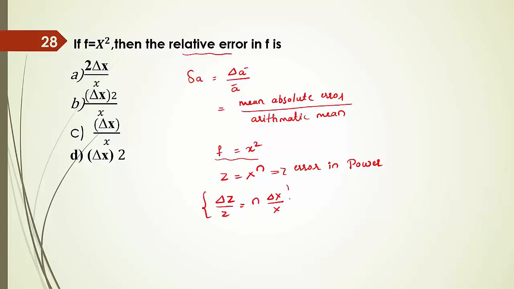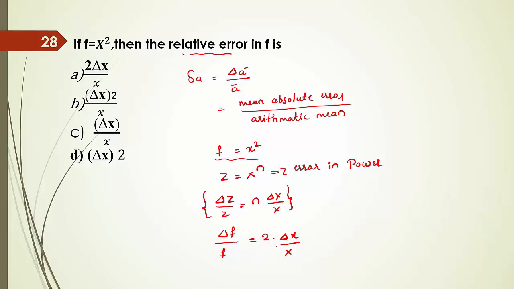So what we have to calculate is the relative error. Instead of z we write delta f over f. For x square, the equation is 2 into delta x over x.